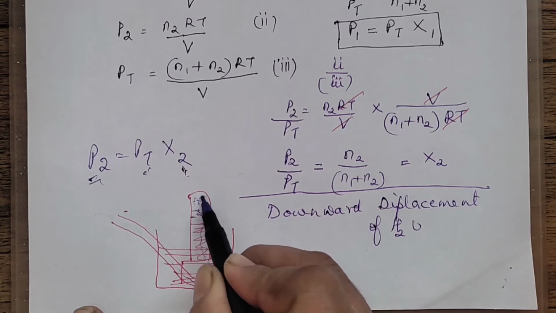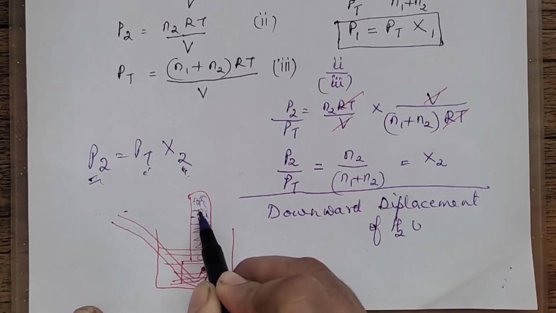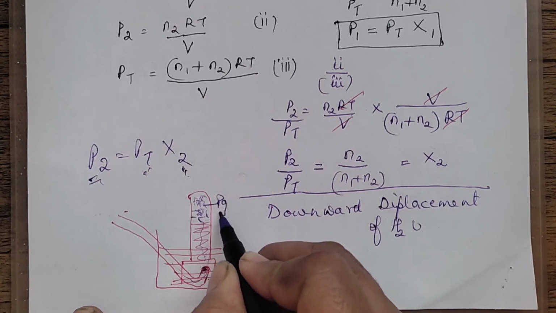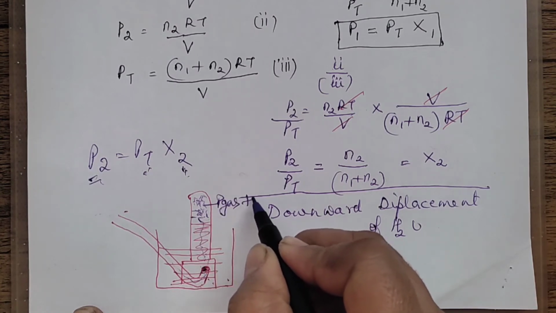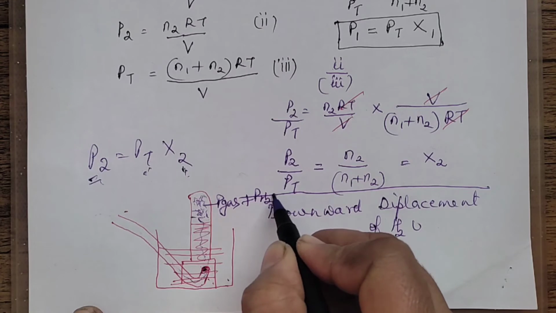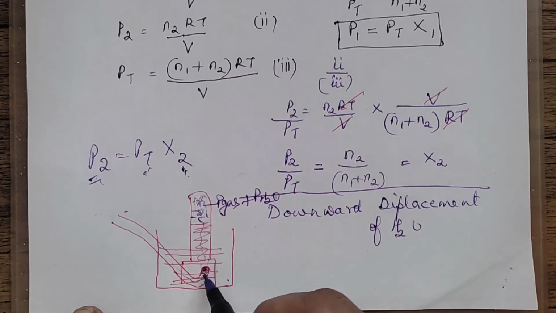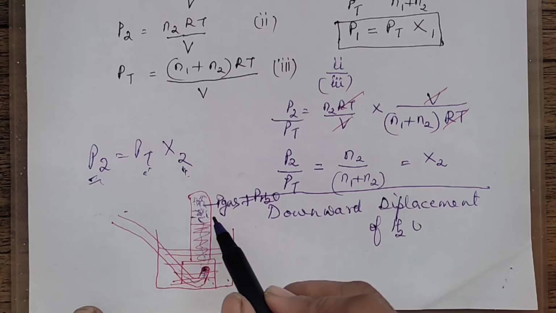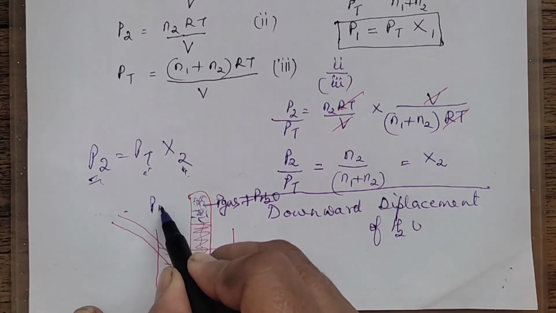So when the gas is getting collected here in this container, this will have the pressure of the gas plus the pressure of water vapor, because it is passing through water and going up. So what we will be measuring is the pressure of moist gas.